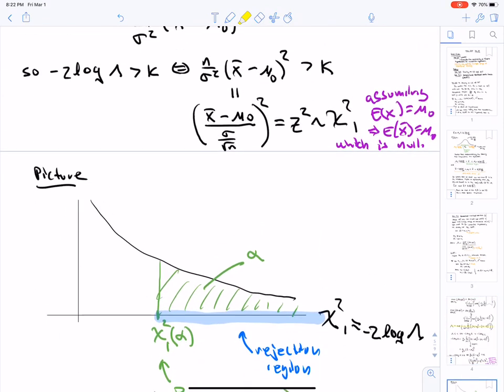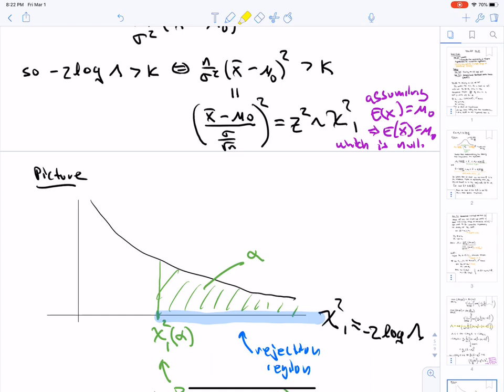Right, so here is the distribution for minus 2 log lambda, which is a chi squared with 1 degree of freedom. And we're going to reject if the p-value is less than alpha.